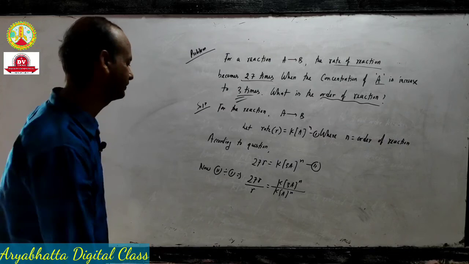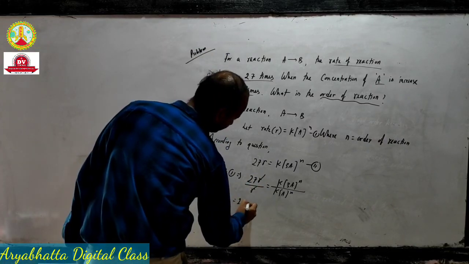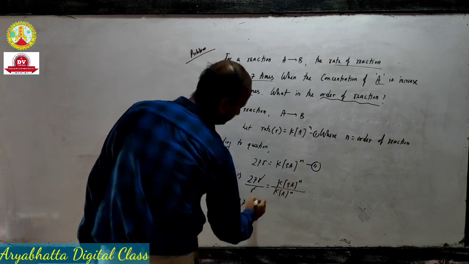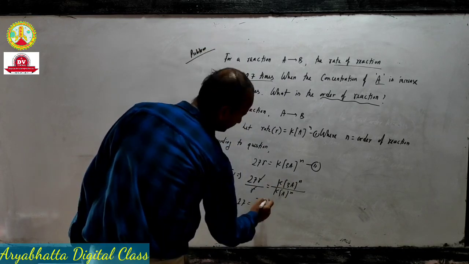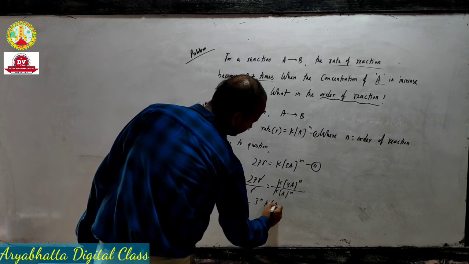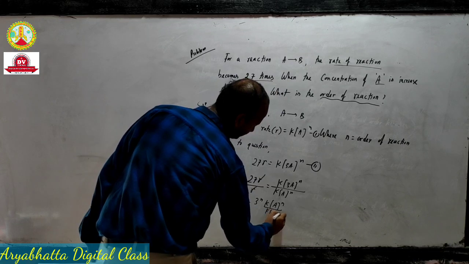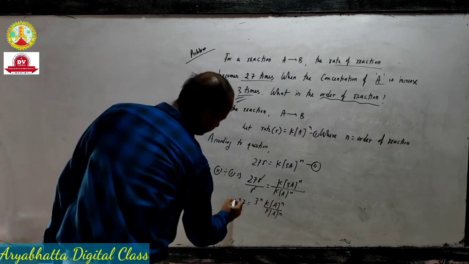Clear? Did you understand? After that, this will cancel out. 27 equals 3 to the power n. Bring this outside. Remaining part is 1, K and A to the power n cancel. Clear?